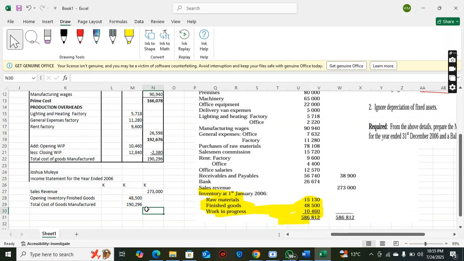Mr. Chimoya said something. I think I was answering Mr. Kasono's question. He was stating what item is coming in next. After opening inventory of finished goods, we now bring in the total cost of the goods manufactured, so that we can get the total cost of goods available for sale.